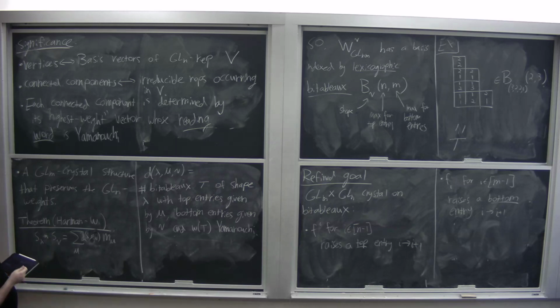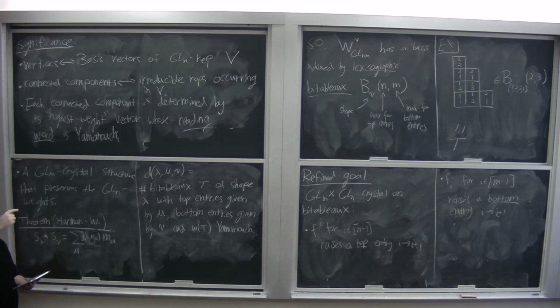And basically, what we want to do then is put a GL2 crystal structure on these things. And as we were trying to put that structure on, it looks like the Kronecker tableau are going to be the lowest weight, and Mike and Rosa's tableau are going to be highest weight. So we can describe what it should look like at the extremes.